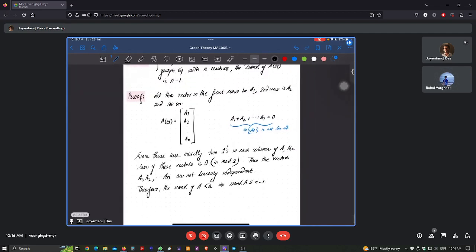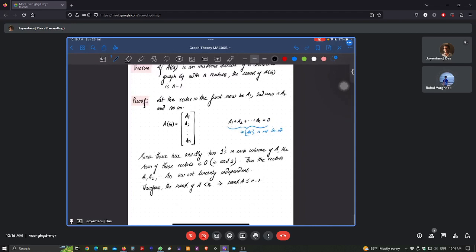So we have to prove that rank of A is n minus 1. So now we have to do the other way. We have shown that it is less than or equal to n minus 1, right? Fine.